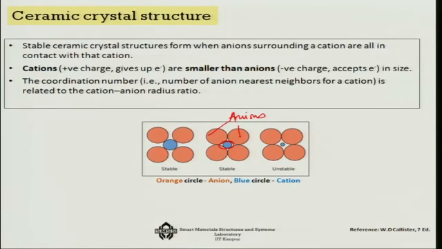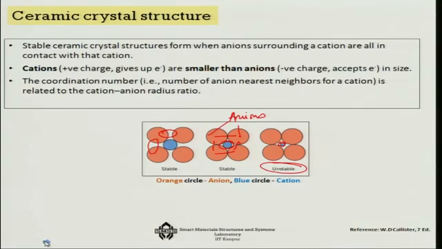Because this one is in the middle, there are various ways in which you can get a three-dimensional structure, but the most stable will be if they are in touch with each other. If not, for example in this case they are not in touch with each other, as you can see in these regions, that may not give stability. Definitely if the anion is not touching the cation, there will be an unstable situation.